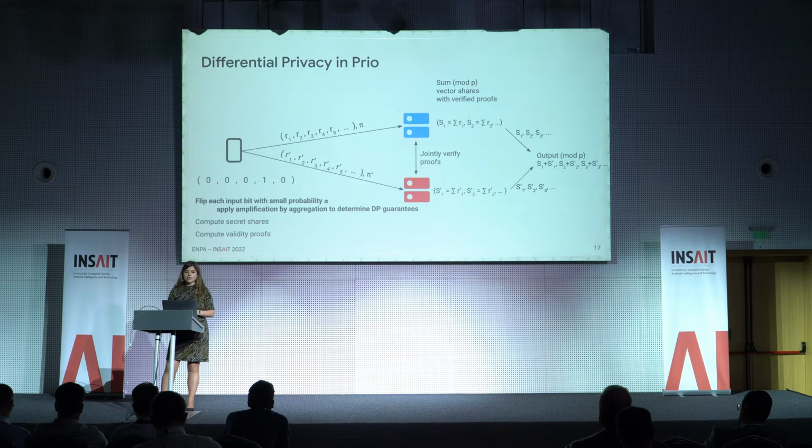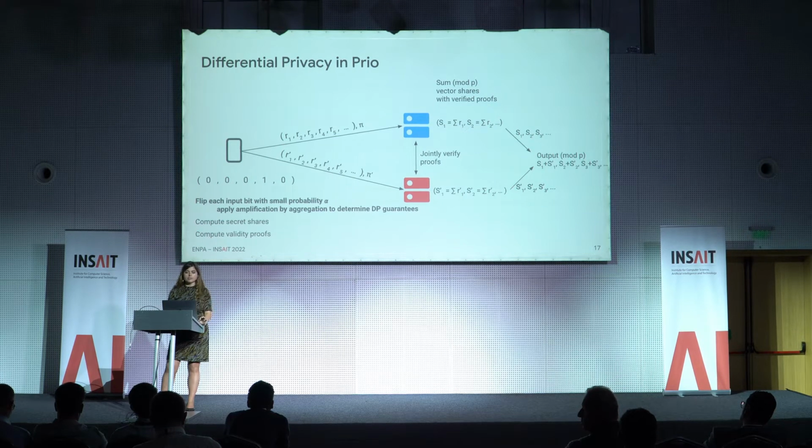And the way we achieved differential privacy in our system was by leveraging some techniques that are called amplification by aggregation. And at a high level, how these techniques work is that the user device will first flip each of the bits in this input vector that it has computed with some very small probability.